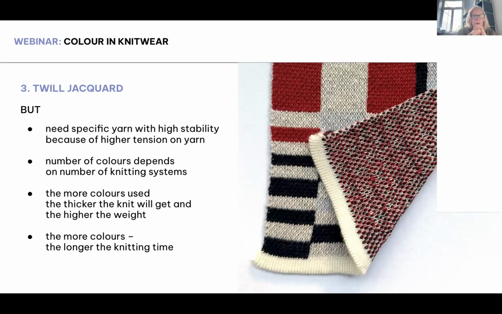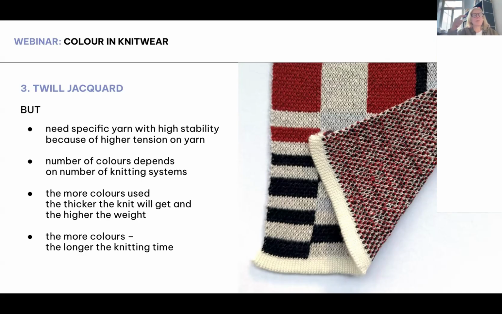If you use 4 different colors, then the system has to go to the left and back again, pick the next color, and then go back and front and back again. So the knitting time doubles up actually. So the more colors you use, the longer the knitting time.